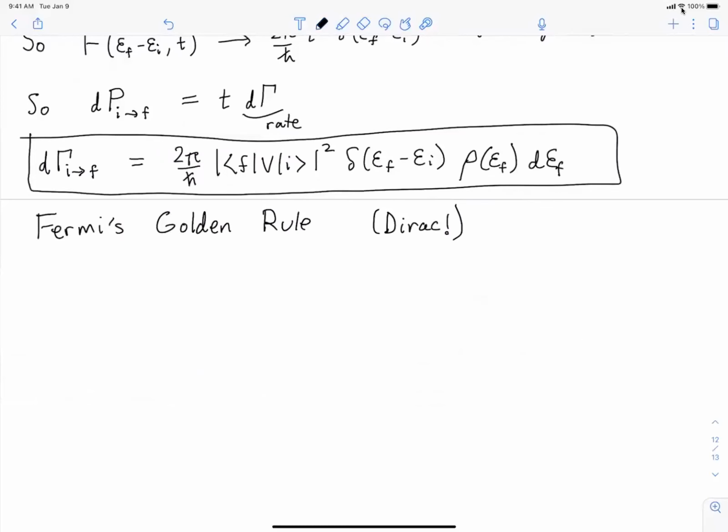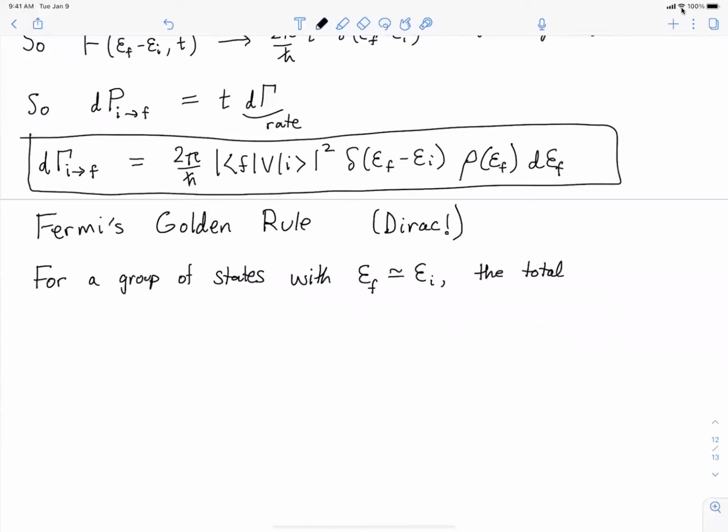Okay, so in other words, for a group of states which are forming a continuous group with energies that are close to the initial energy, the total rate for transition is going to be gamma.